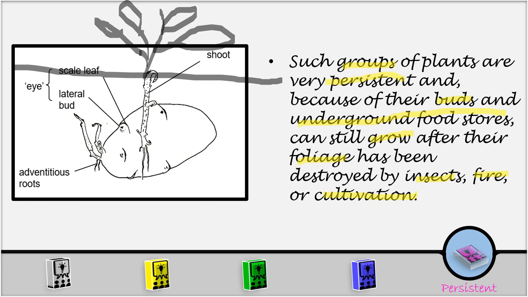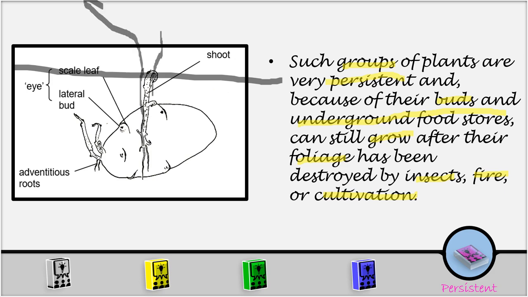When that part is cut off, it means that down below it is going to leave a part which is already storing food. This stored food underground and the buds that are there are going to provide growth of new plants, and when these new plants grow, they will come out and give rise to new plants.